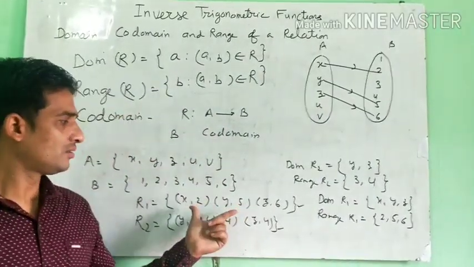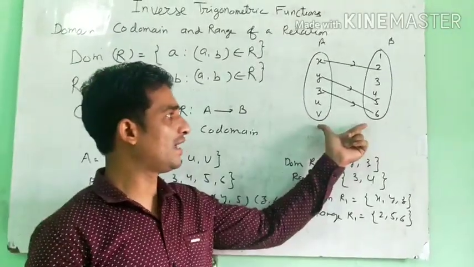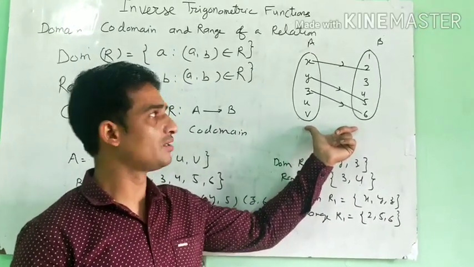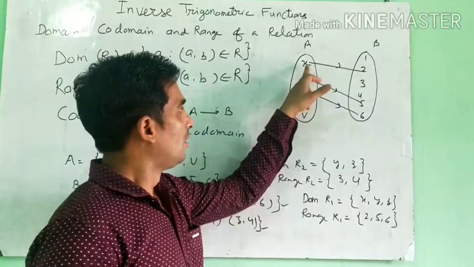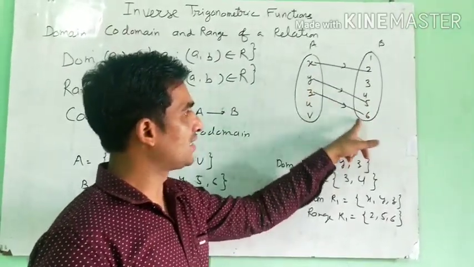This is known as the roster form of a relation, and this is known as the arrow diagram form to represent a relation.